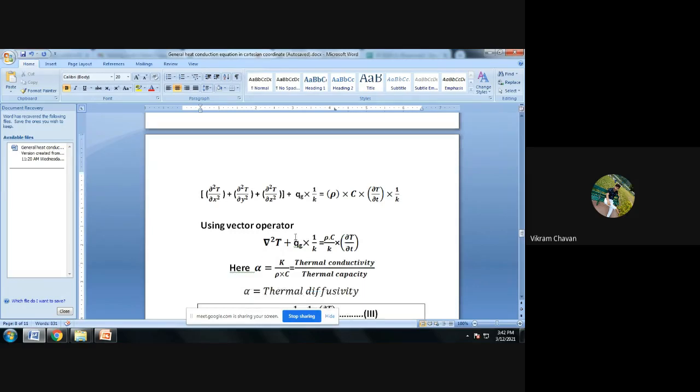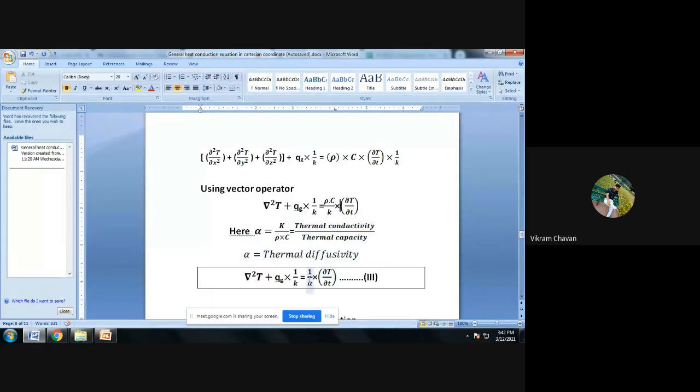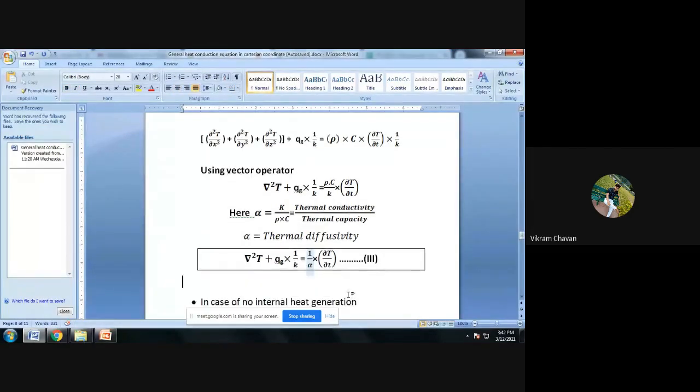Further, we modified this equation by replacing rho C divided by K with 1 upon alpha, which is the inverse of thermal diffusivity, because K by rho C is the thermal diffusivity, but in our equation rho C divided by K is there.